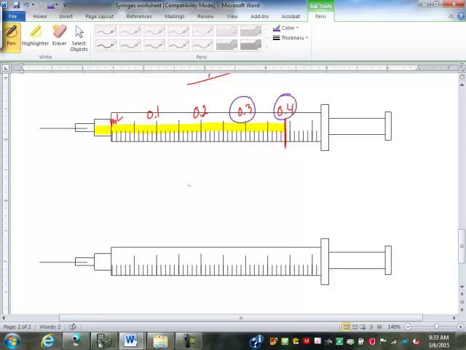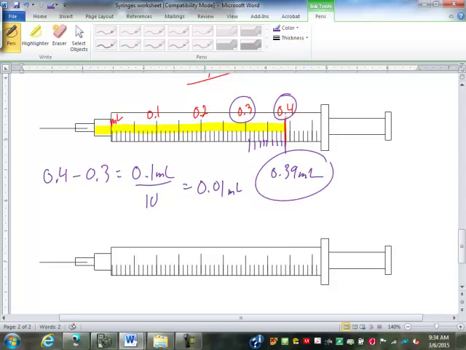Since we're right up in here, I'll just use the 0.3 and the 0.4. Subtracting, that's 0.1 milliliter in between. How many divisions are in between those? 10. That's 0.01 milliliters per division. So I either go from the 0.3, 0.31, 2, 3, 4, 5, 6, 7, 8, 9, so 0.39. But I could have counted backwards from the 0.4, subtracting 0.01, which would be 0.39 as well.